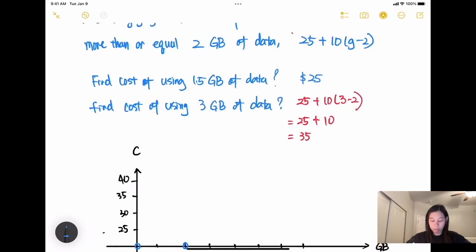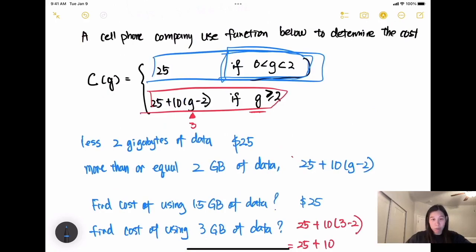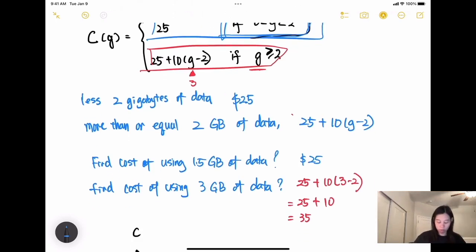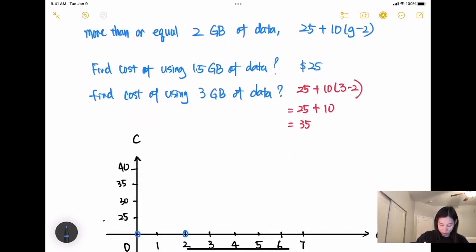Your cost is going to be 25. 25 means it's a flat line. No matter how much you use, 1.5 gigabytes, it's going to charge you 25. You use 0.2 gigabytes, they still charge you 25. So the end at 2 should be an open circle because it's not including 2.